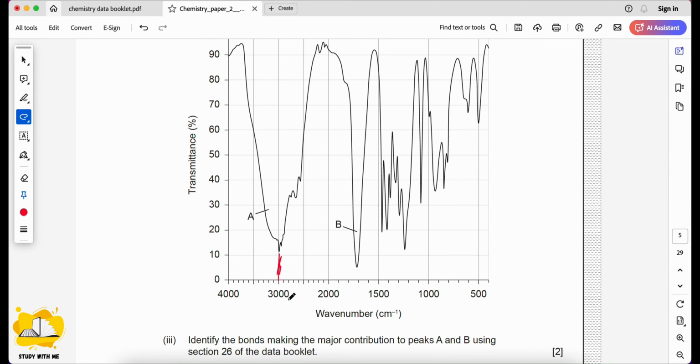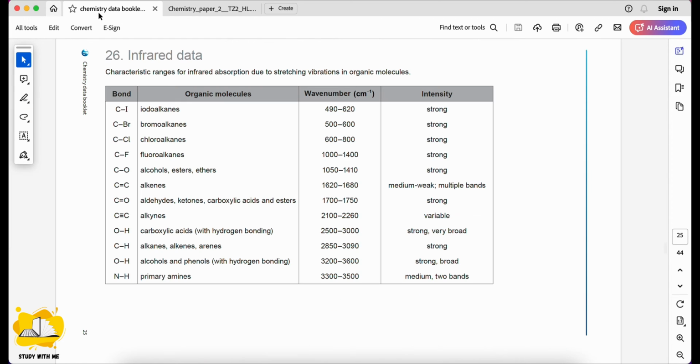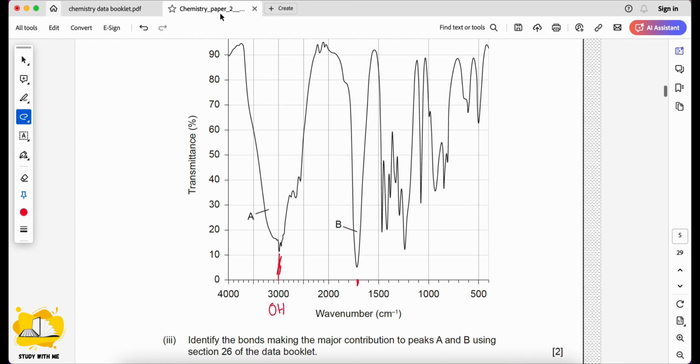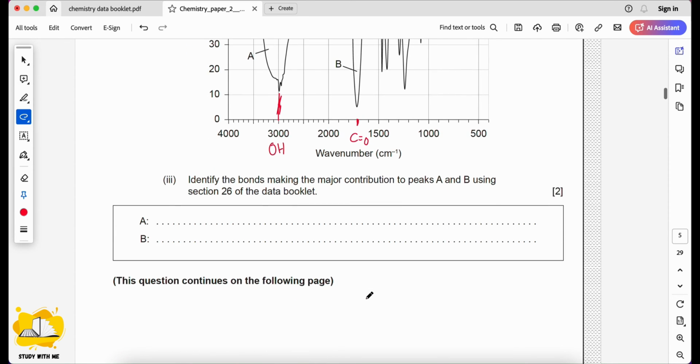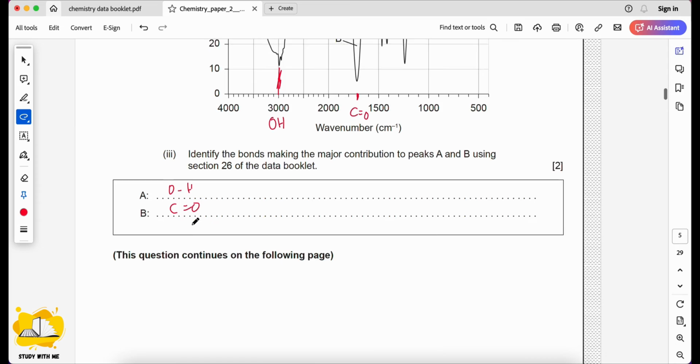So this peak at 3000 is OH, and another peak is around 1700 something, so it's C double bond O, found in aldehydes, ketones, carboxylic acids, and esters, between 1700 to 1750. So the answer for this question is OH and C double bond O.